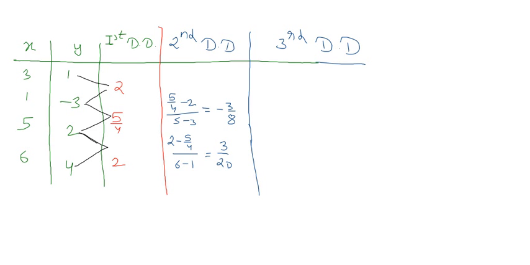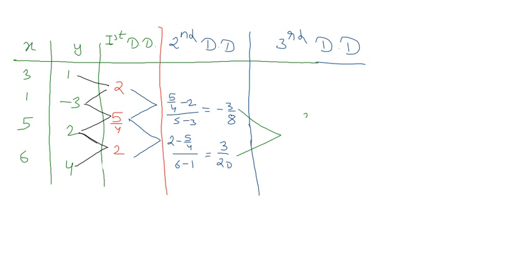Right. Now for getting the second divided difference, we make use of these two values and these two values. Now for the third divided difference, we are going to use these two values.